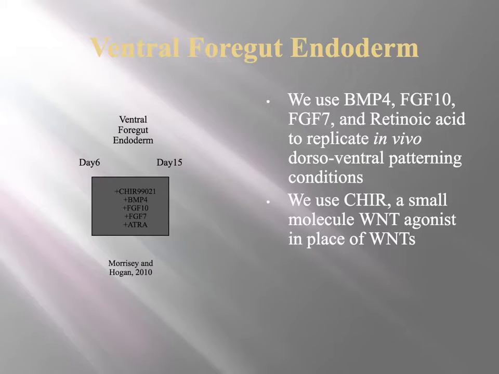Ventralization is a very complex process and utilizes multiple different factors. Here we recapitulate development using a small molecule agonist of Wnt called CHIR. We also use BMP4, FGF10, FGF7, and retinoic acid, all shown to play roles in ventralization of the lungs from the anterior foregut endoderm.